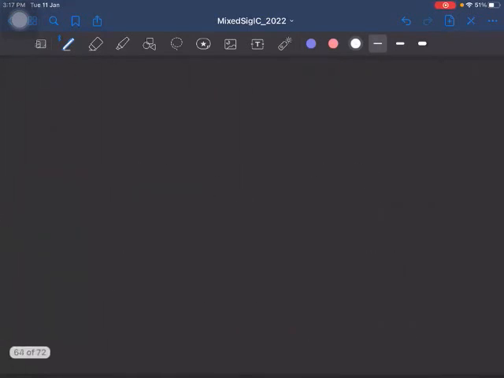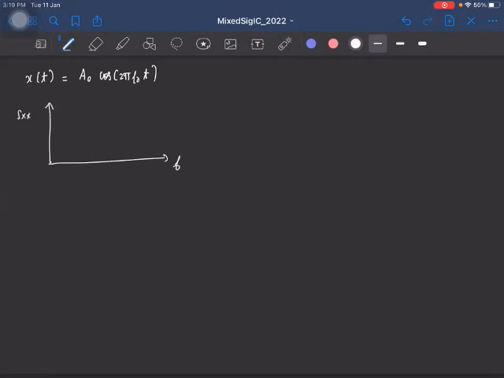So for that, let's take a simple signal. Say we have x of t as A naught cos 2 pi f naught t. So how will the power spectral density of the signal look? Let's say this is the f axis and this is the power spectral density. Then we know this is a sinusoidal signal, so we'll have an impulse at the frequency f naught.